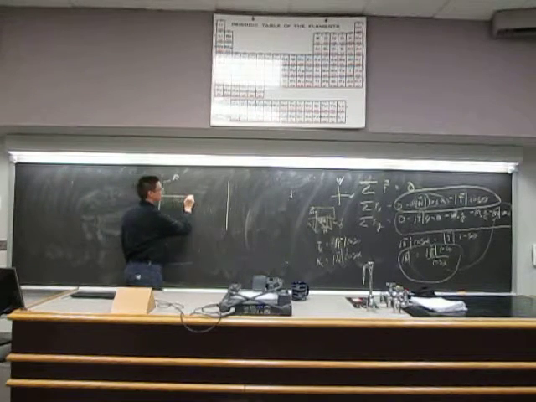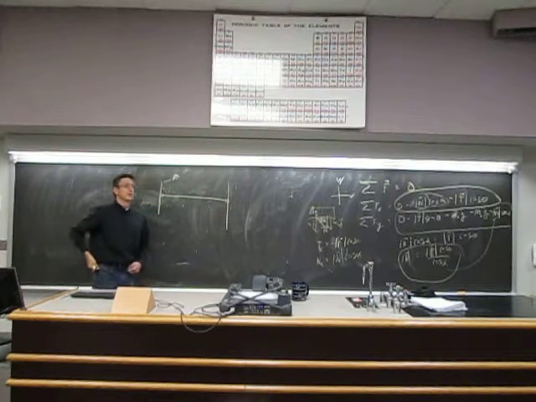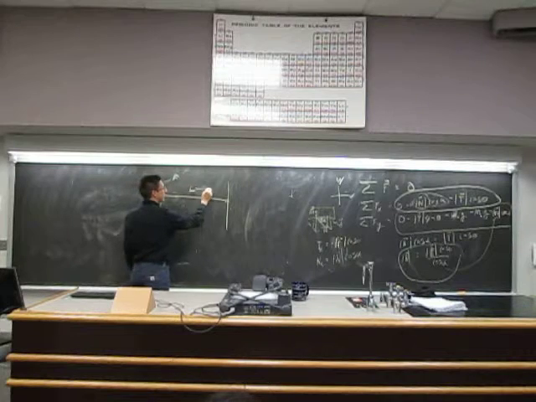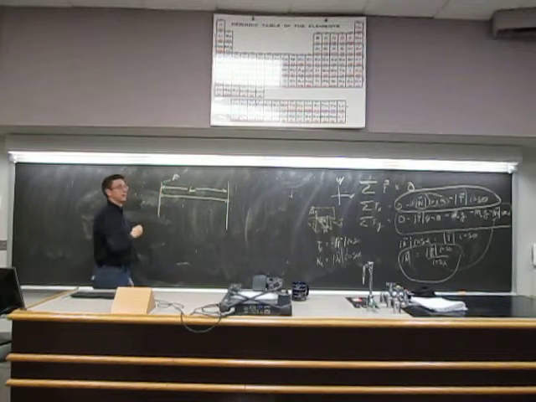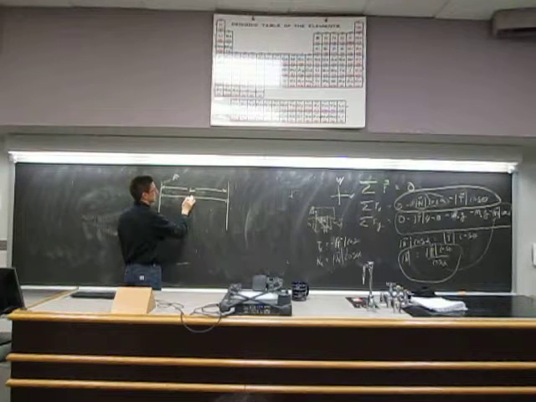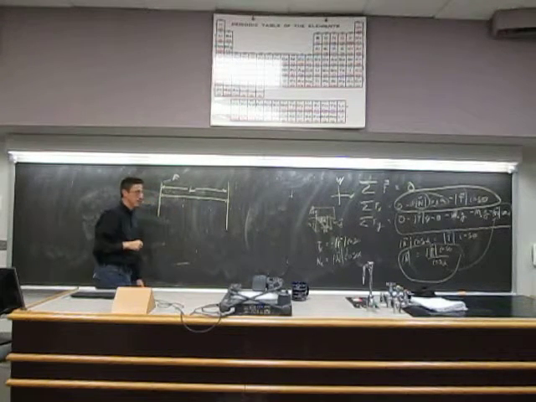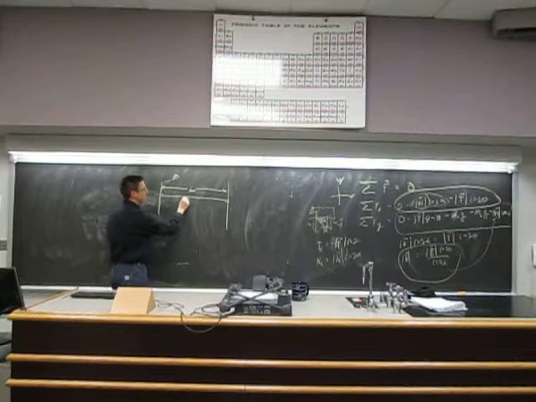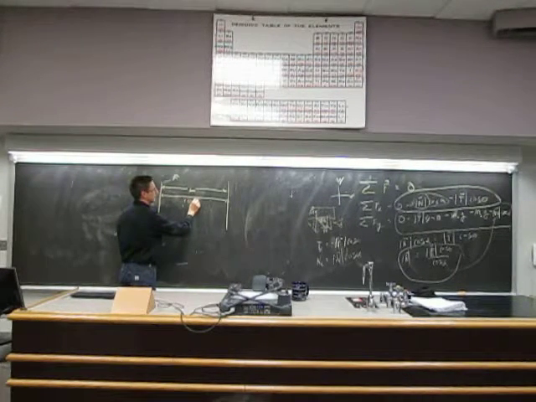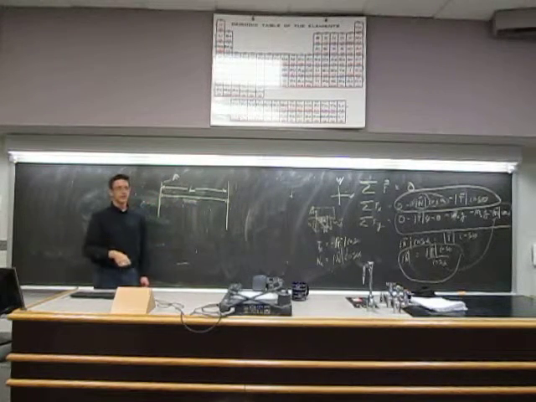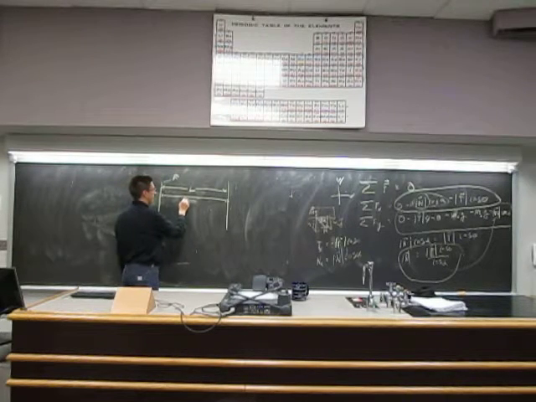Let's say I have a tight string that's suspended between 2 points. And let's say the length of this is L. And let's say the breaking strength is 1,000 newtons, or 10,000 newtons, like 1 ton.